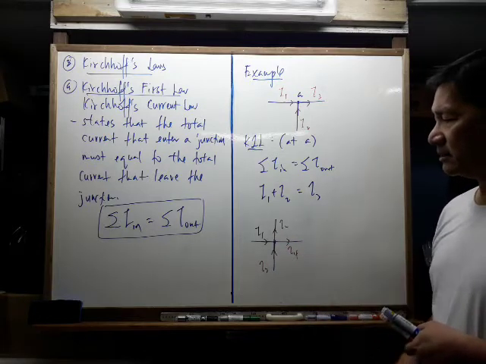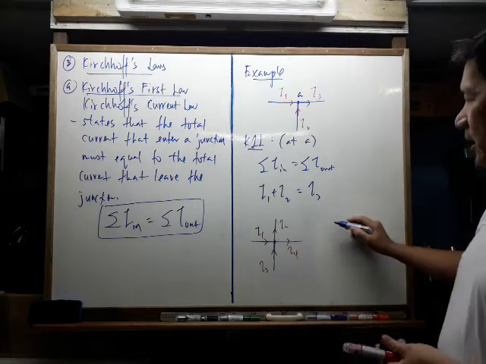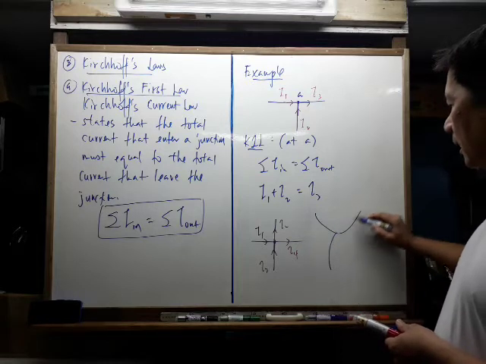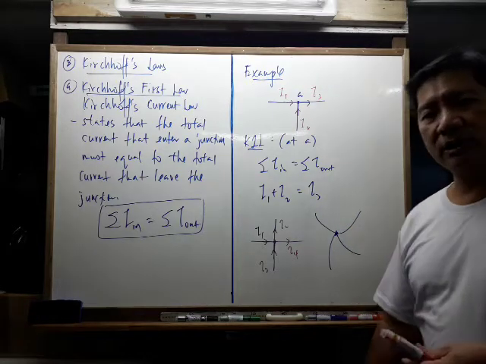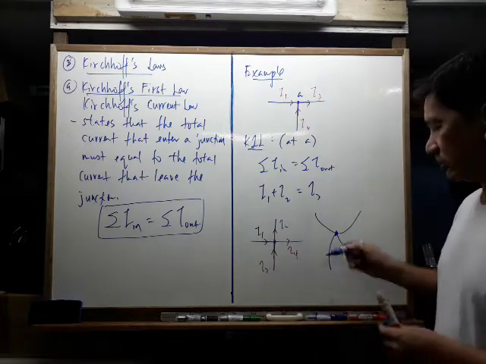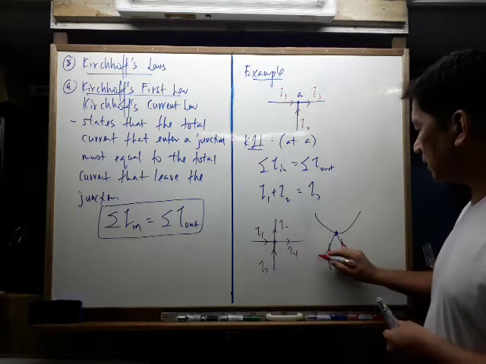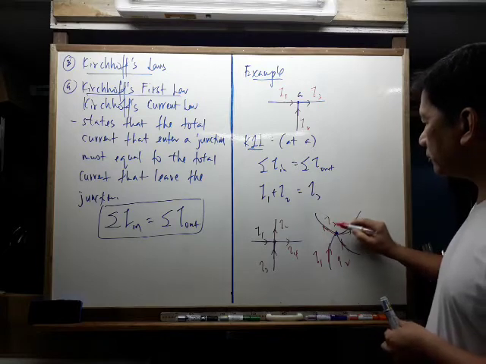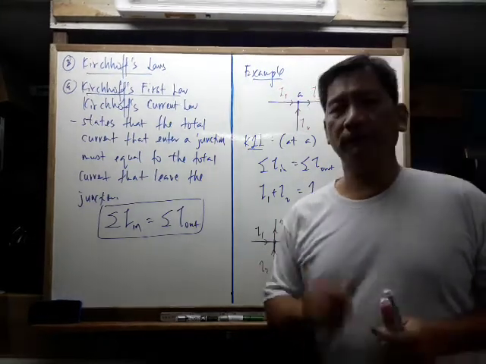The shape doesn't mean it must be in the shape of a cross. It can be any shape actually. It can be something like this, in and then out. As long as the conductors are touching each other, where current is flowing through each other, it's called a junction. So it can be the same thing like this: currents I1 and I2 come in, and these two are out, I3 and I4. Alright, so that is our Kirchhoff first law.